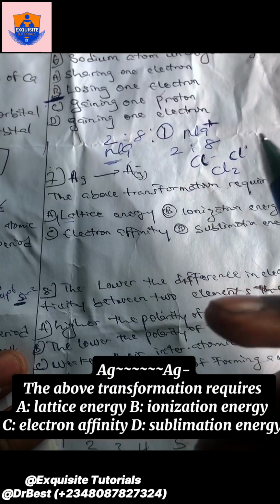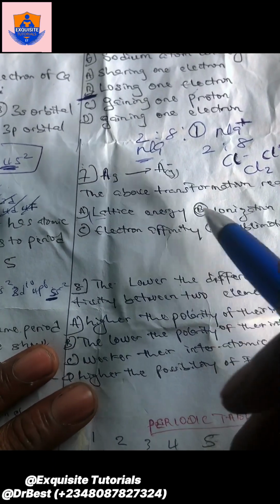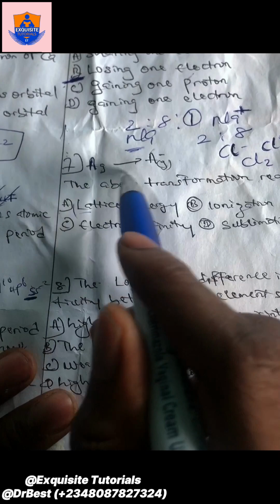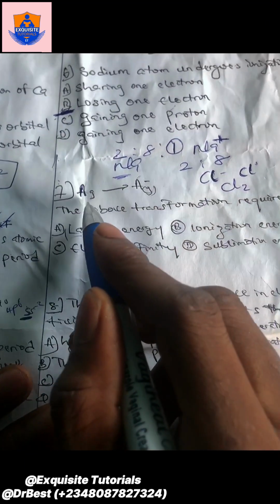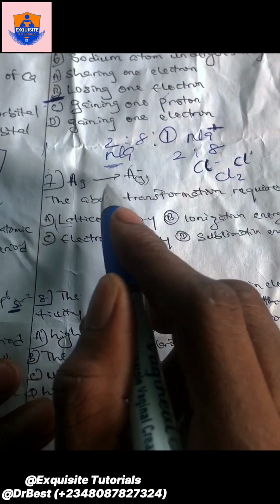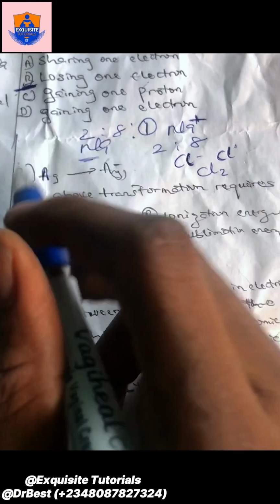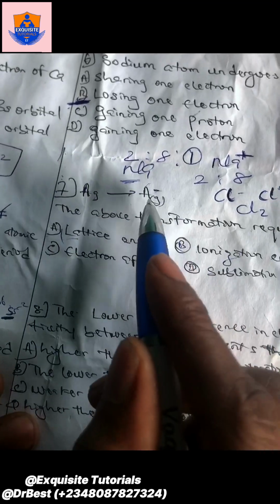Ionization energy, just like I explained to you before, is the energy required for an element to give out an electron. What happened here is that this element is not giving out an electron. It has moved from a neutral state to an ionic state, but having a minus here means it has gained an electron to become negatively charged. That's the reason for this charge.